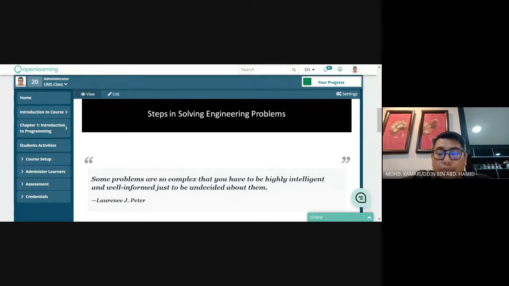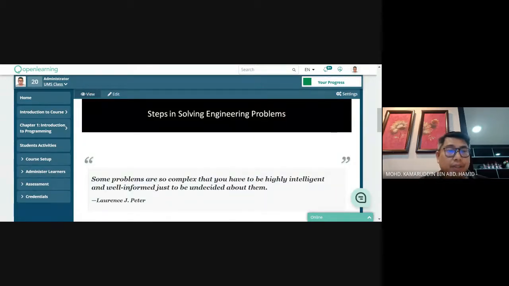So some of you may have different kinds of skills, different levels of intelligence. So you may take advantage of this. Okay, and the most important is the problem should be well informed, well analyzed. So these are the skills that you need to develop during your 4 years of study here.